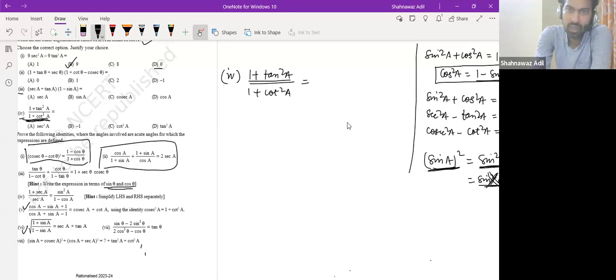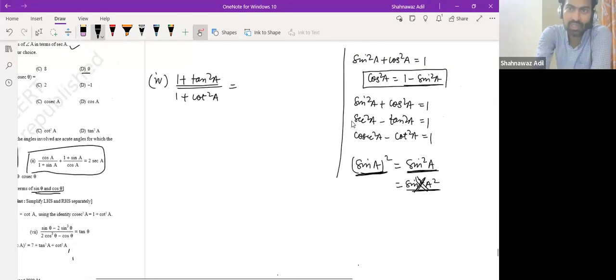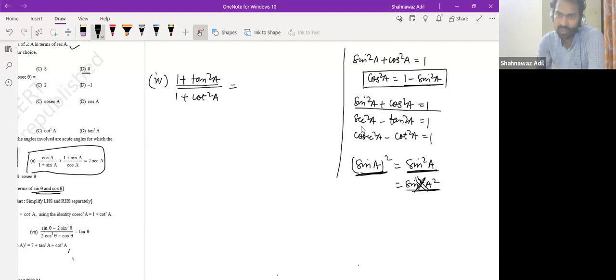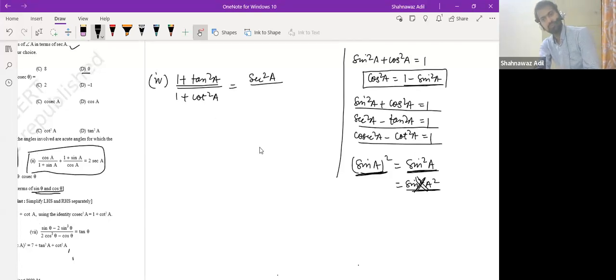What is 1 plus tan square A? Just see these ones. Sec square A, yes, absolutely right. And then what is 1 plus cot square A? Cosec square A. Yes, absolutely right. So this is cosec square A.